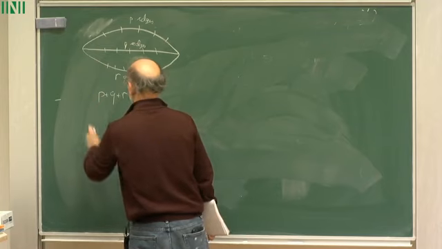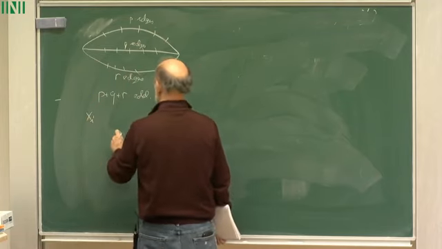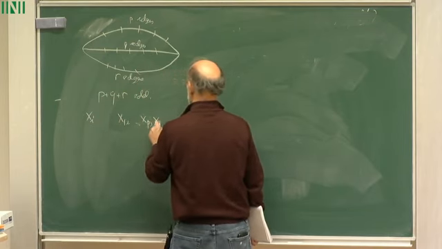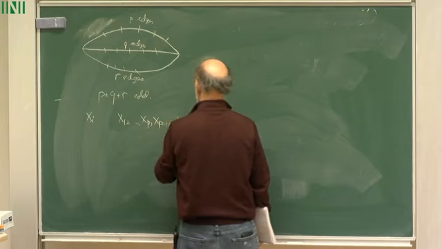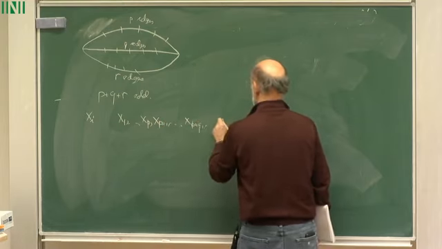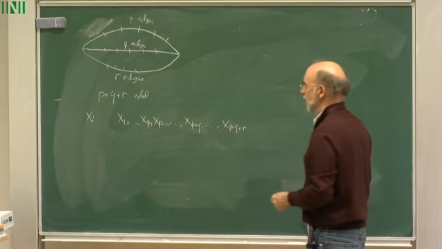So we have the x_i, which are the edge variables. So it's natural we start out x1, ..., x_p, x_{p+1}, ..., x_{p+q}, ..., x_{p+q+r}. Okay?